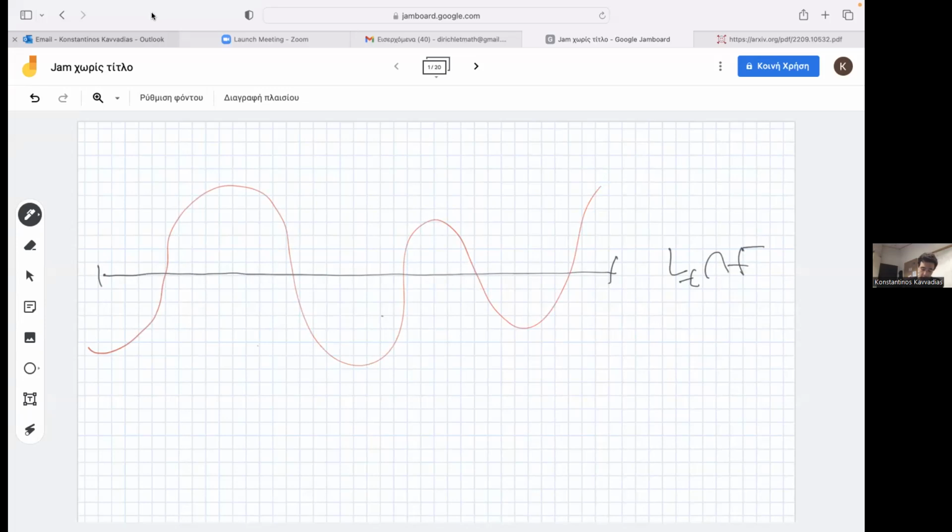And we consider the corresponding intervals that this set intersects. So let's call these intervals the I_j's: I_1, I_2, up until I_{M_N}.